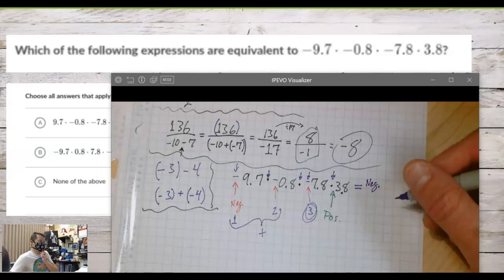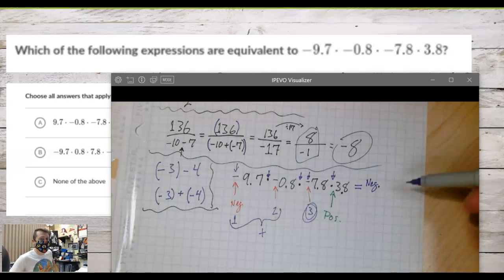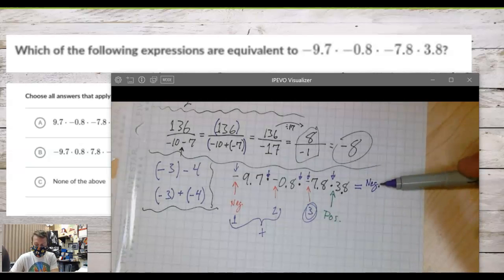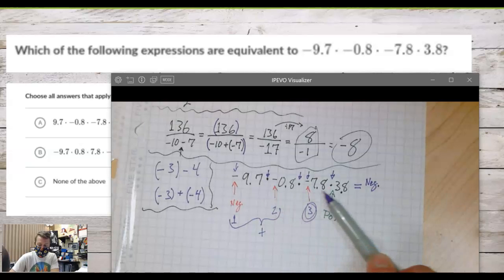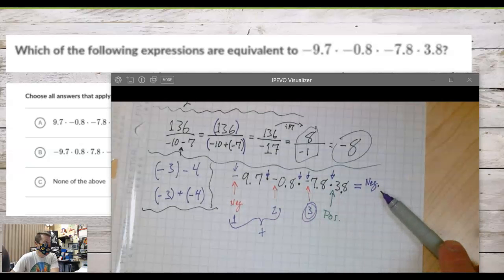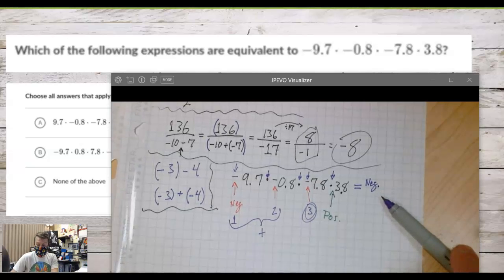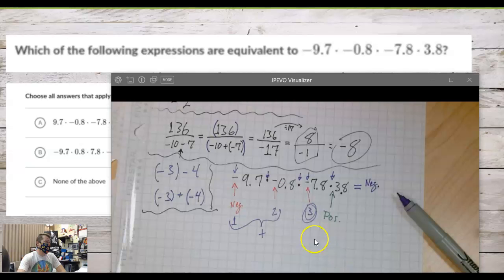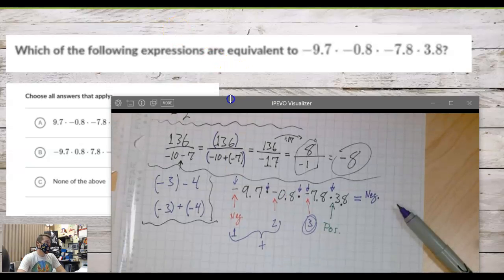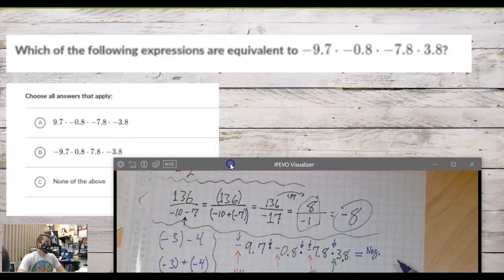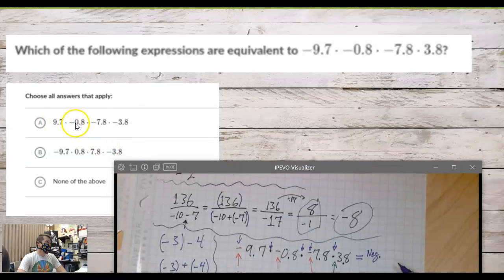So what we're looking for is any other multiplication expression that uses the same numbers and will come out to be a negative result. We don't actually care what the result is because we're not asked to calculate it. We're just asked to find which would be equivalent to it. So if we go look at that, one negative, two negatives, three negatives.